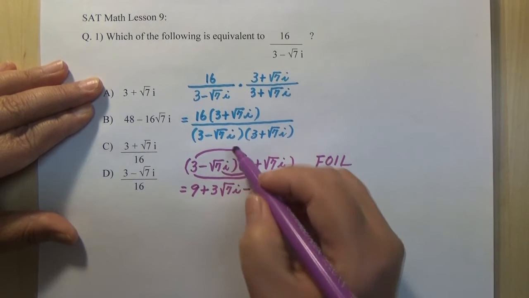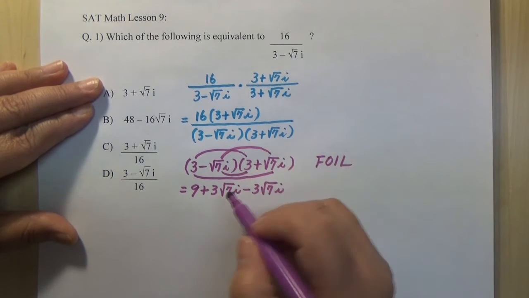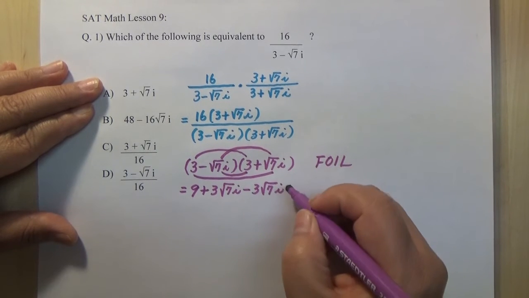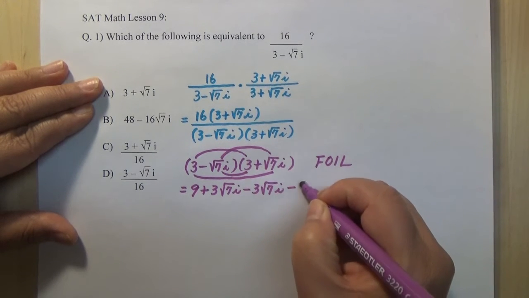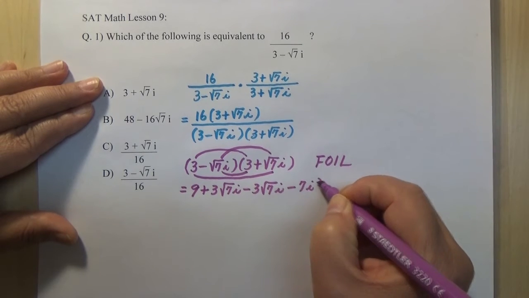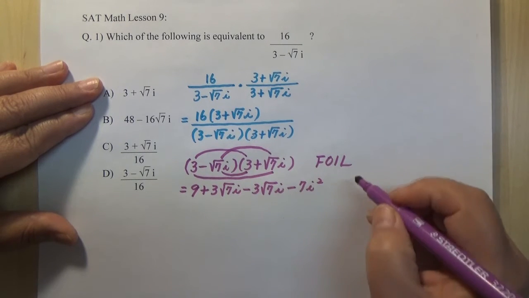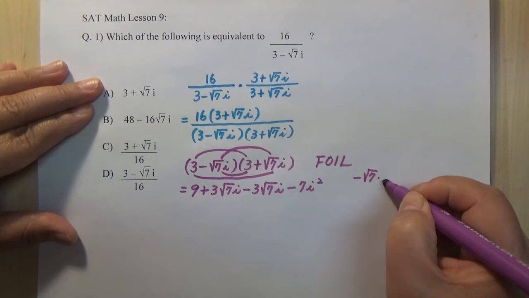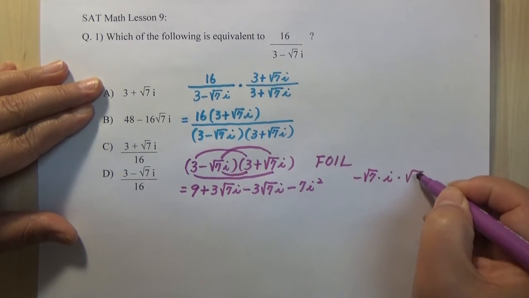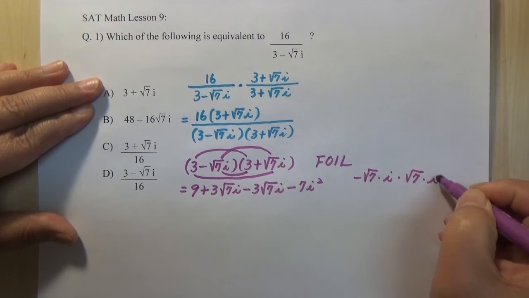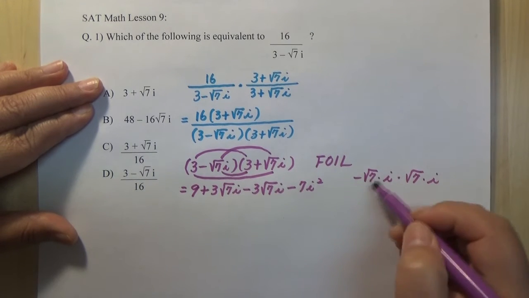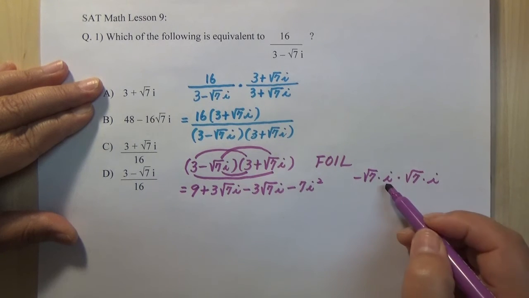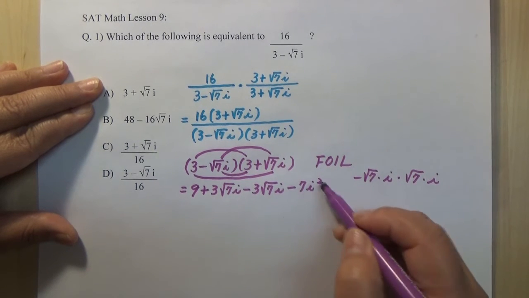And then the last is going to be this one, negative square root of 7i times square root of 7i, which is negative 7i squared, because negative square root of 7 times i times square root of 7 times i. Negative square root of 7 times square root of 7 is negative 7. And i times i is i squared.